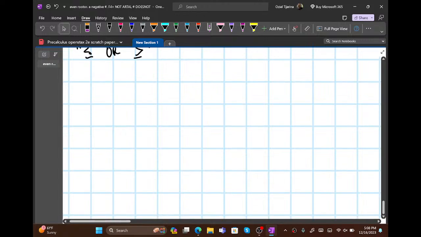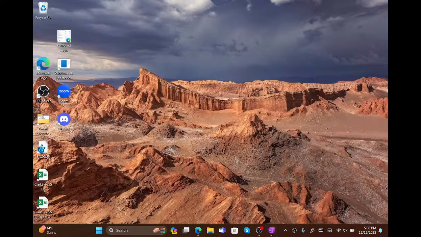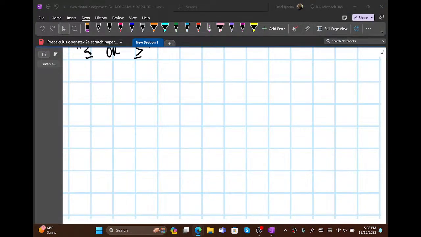Like I said, we use brackets if we are given both of those, and we use parentheses for positive or negative infinity, and so on and so forth.